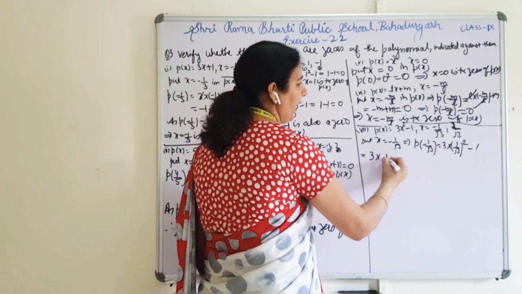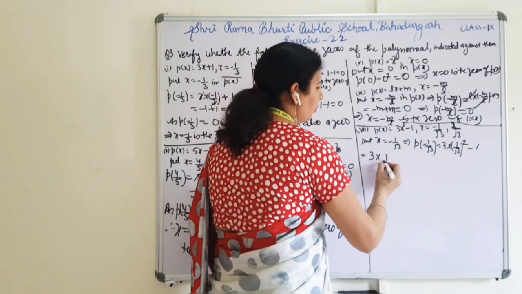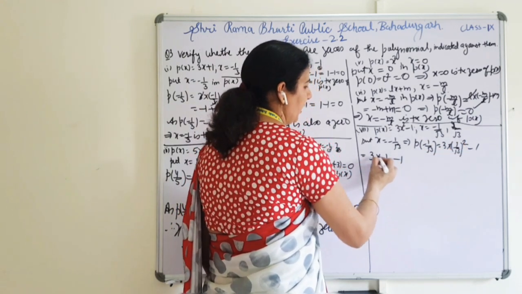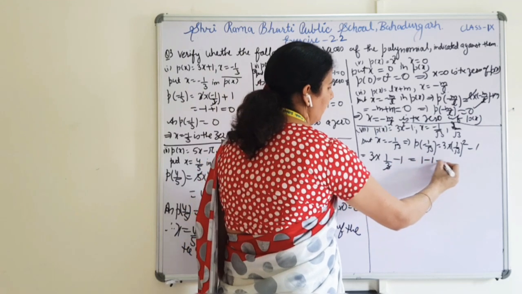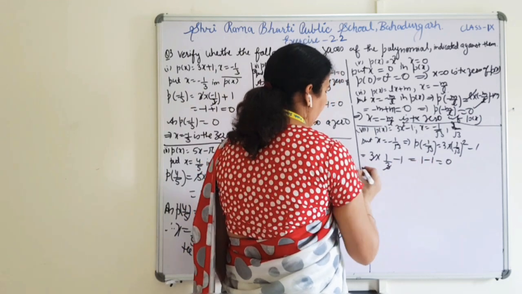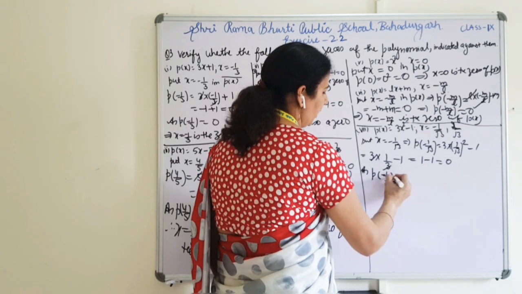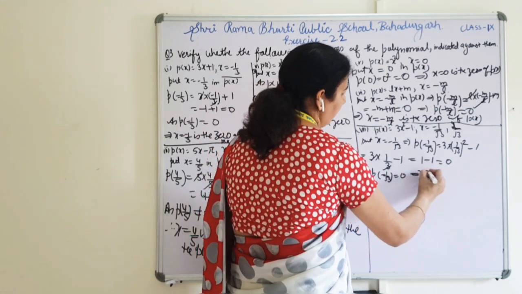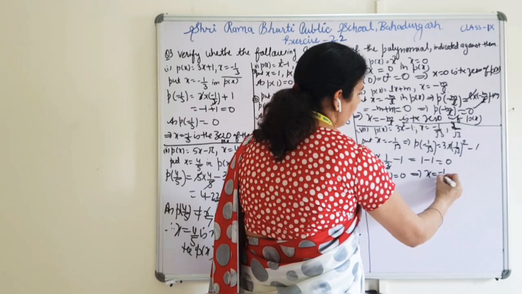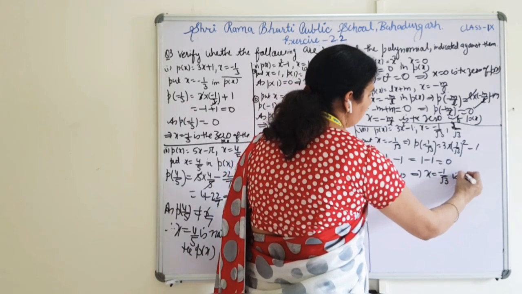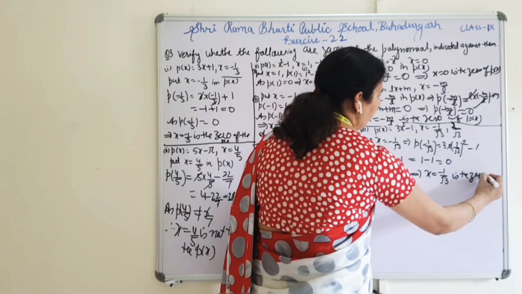We all know that 1 square is 1 and under root 3 square is 3. 3 and 3 cancel. 1 minus 1 is 0. As p(-1/√3) is equal to 0, this implies x is equal to -1/√3 is the 0 of the polynomial.